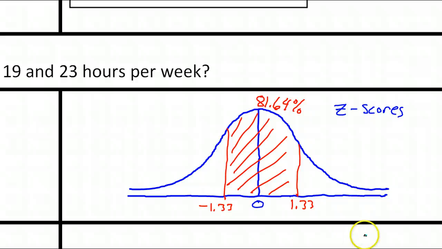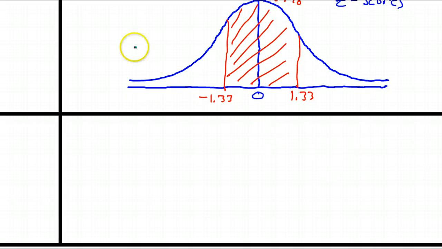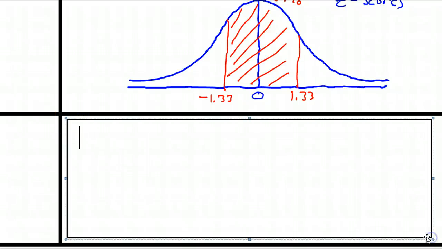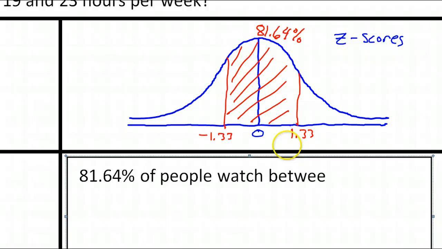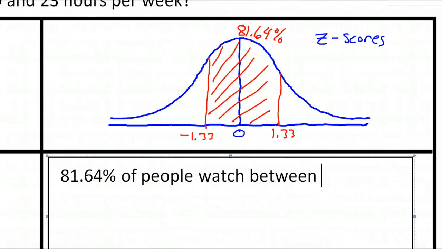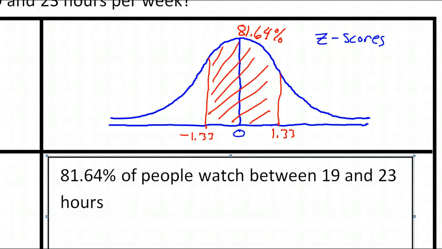Okay, so now as a complete sentence, we can say the following. 81.64% of people watch between 19 and 23 hours of TV per week.